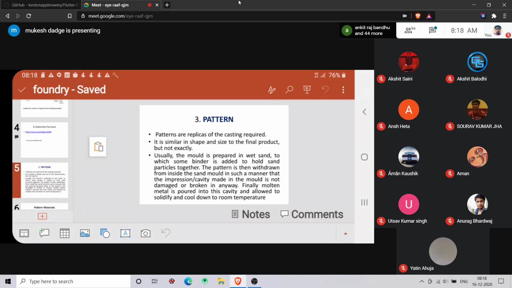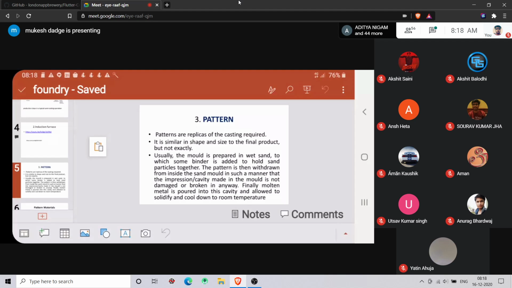So third point is, usually the mold is prepared in wet sand, to which some binder is added to hold sand particles together. So while preparing the mold, you have to add some binder.